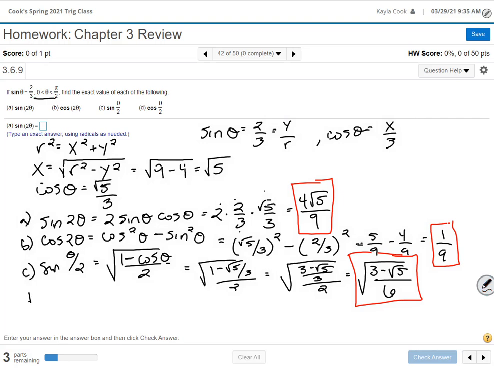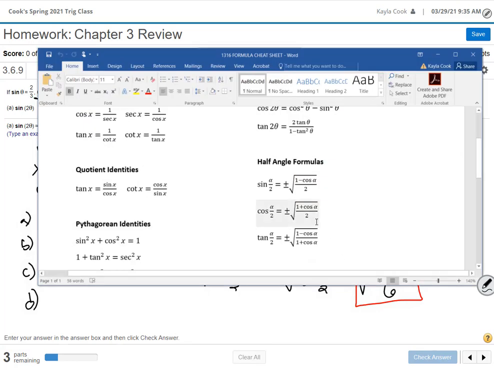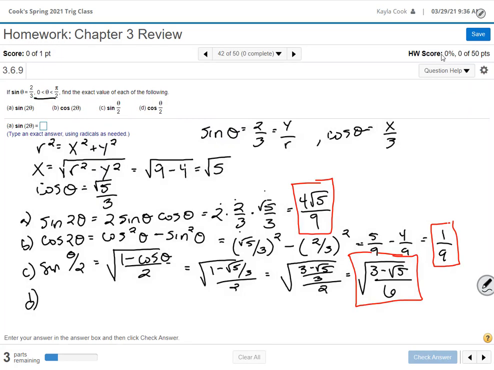All right, then part D is going to go similarly for cosine of theta over 2, except I have 1 plus cosine of alpha over 2 as my identity here instead of minus.